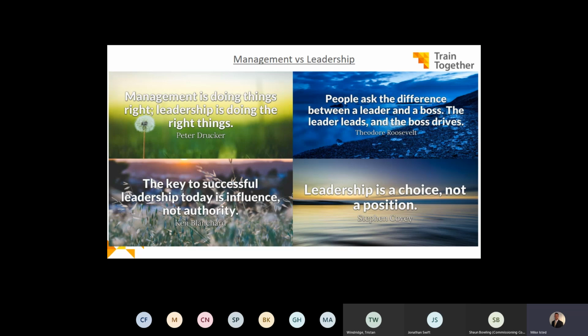But to continue my point to you, if you had to pick out a few words, management is about function, process, measurement. Leadership is about passion, vision, and inspiration. Example: can you be a manager without being a leader? Yes, you can. Are you going to be any good? Probably not.